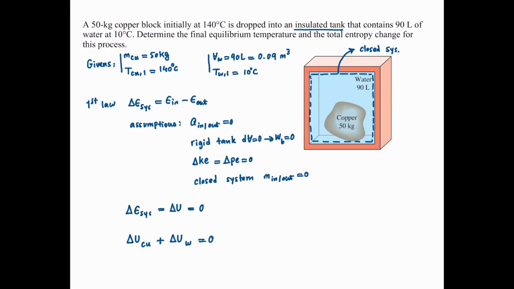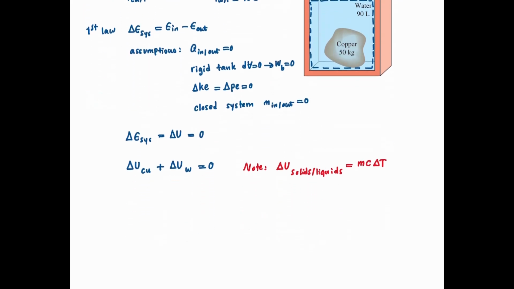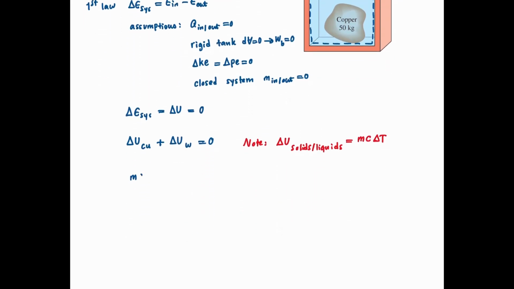And from chapter 4, we know that delta U for solids and liquids can be determined using this equation, mass times specific heat times delta T. So I'm going to use this equation, mc (T2 minus T1) for copper plus mc (T2 minus T1) for water equals 0.